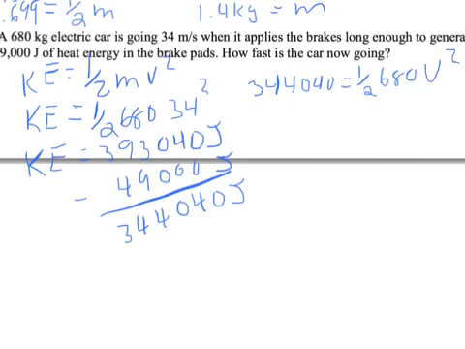That means, well, let's just do this. 344,040, and half of 680 is 340. So I had to divide both sides by 340.